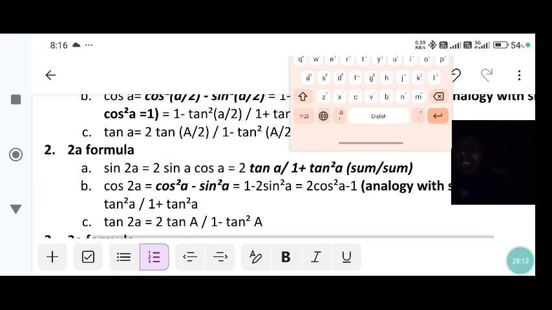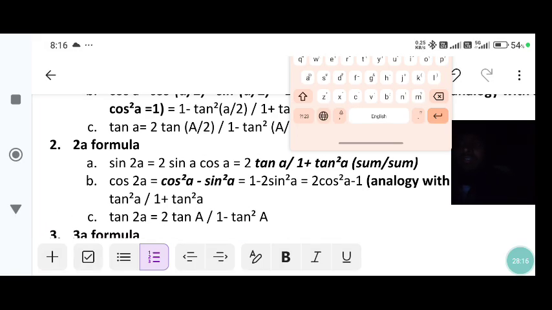And here it is 2a, so the short formula is only for 2a.